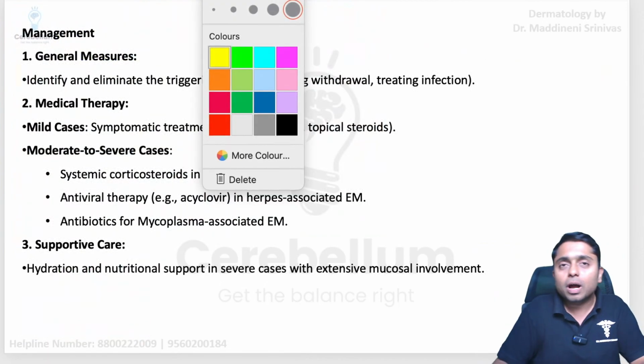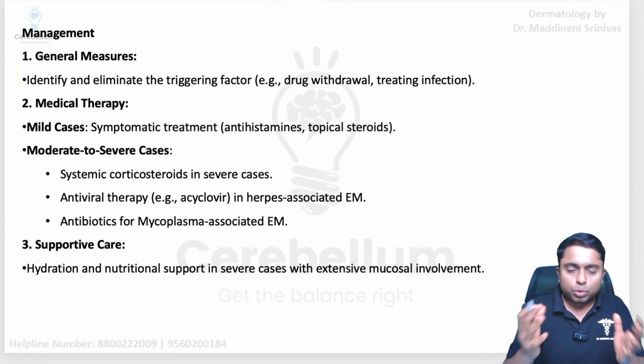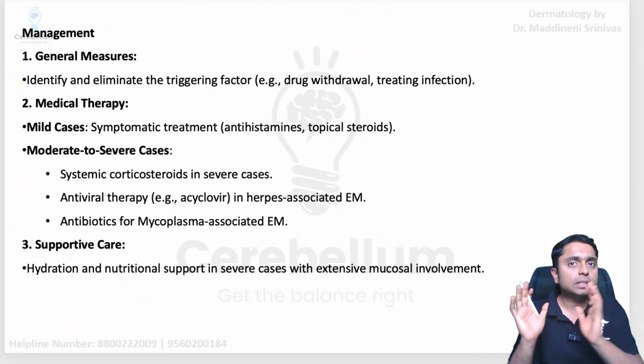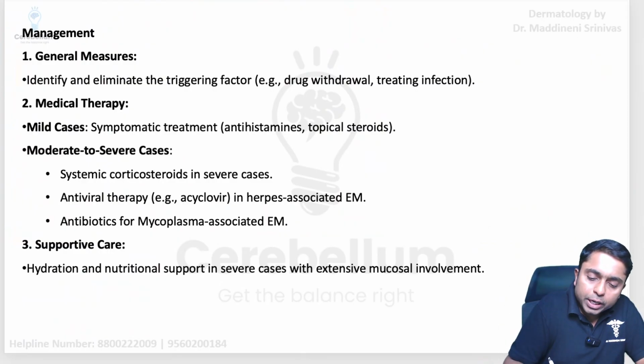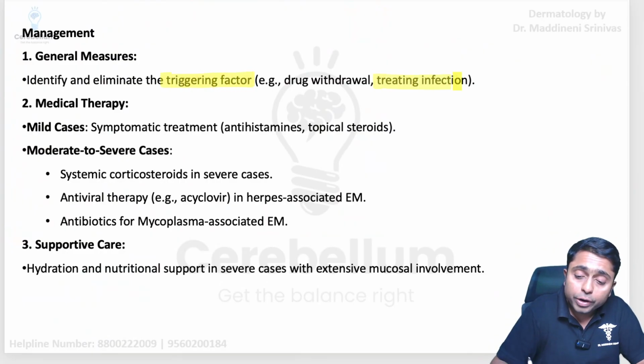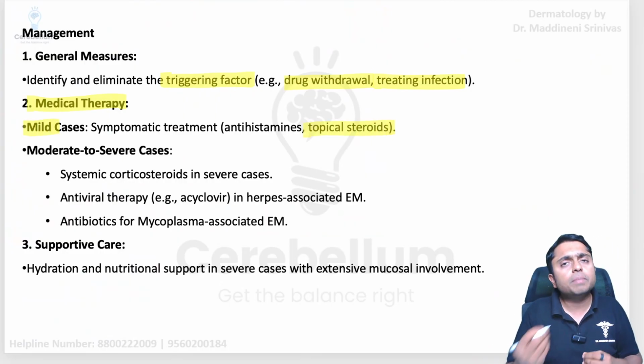Now coming to the treatment part. Treatment is general measures. The patient is going to have mucosal lesions and a few skin lesions mainly over the extremities. So you need to identify the triggering factor. For example, if it is herpes, treat the herpes, and if it is due to drugs, withdraw the drugs. Medical treatment depends upon the severity. If it is a mild involvement, we can prescribe topical steroids and give some antihistamines.